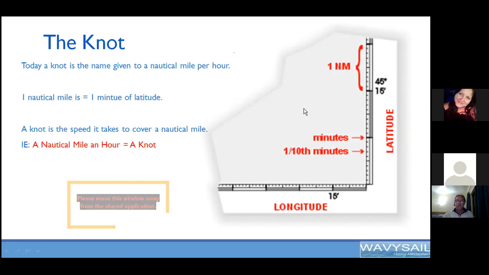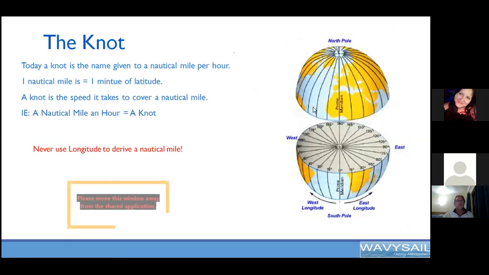So we still refer to it as knots from our historical way, but it basically means 1 nautical mile per hour. Please, guys, remember I said to you that the longitude gets narrower and narrower as we go towards the poles. We can't use that for a nautical mile because obviously it's changing as we go north.